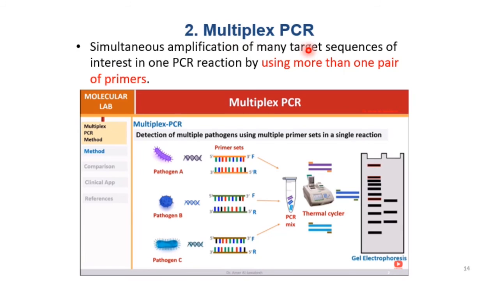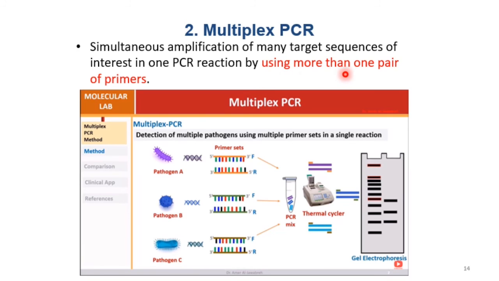The second one is multiplex PCR. In this type of PCR, there will be simultaneous amplification of many target sequences of interest. In the conventional PCR, you have only one target sequence or only one target DNA. Here, you will have multiple targets or multiple DNAs, which will be amplified.